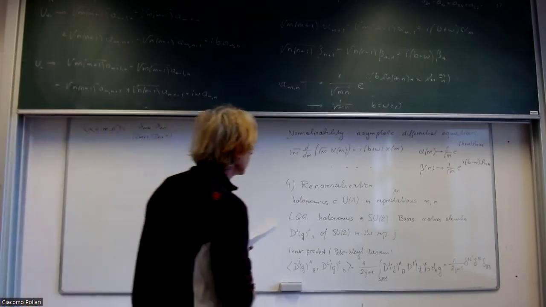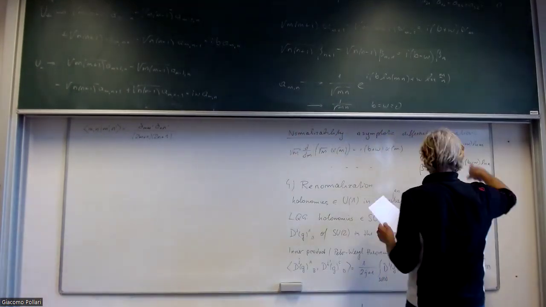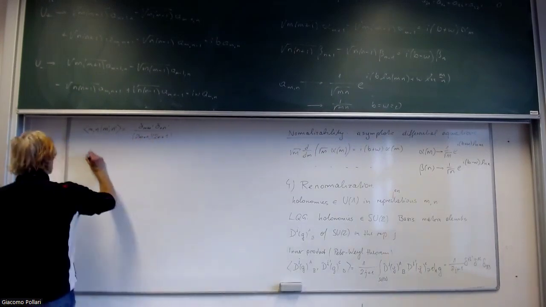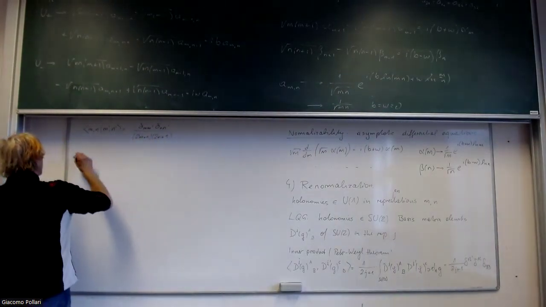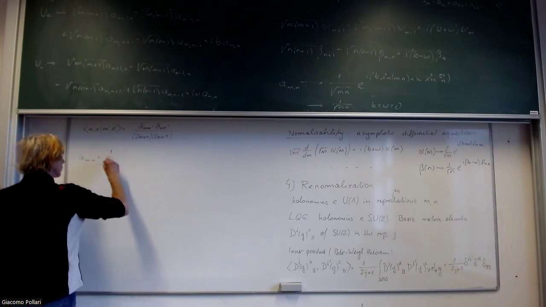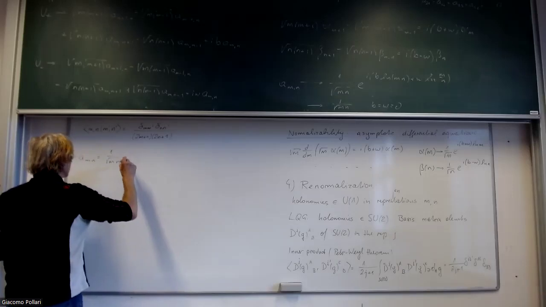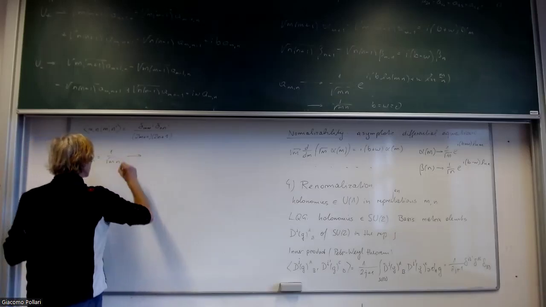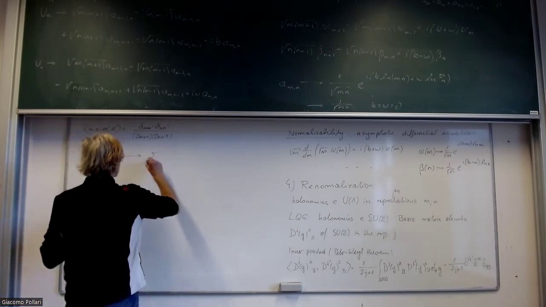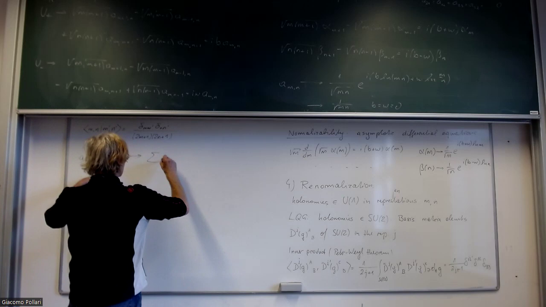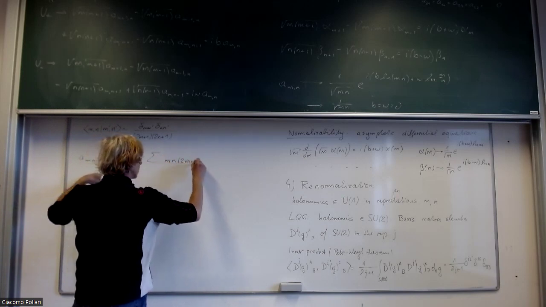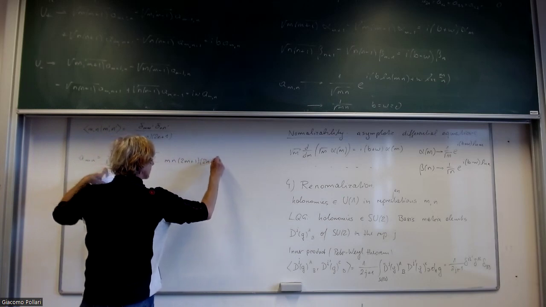Now we see, when we take the simple state, 1 over A and n is 1 over the square root of n. Then we have a sum and n, then we have 2n plus 1, 2n plus 1.